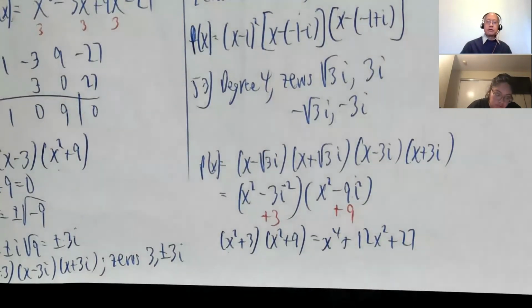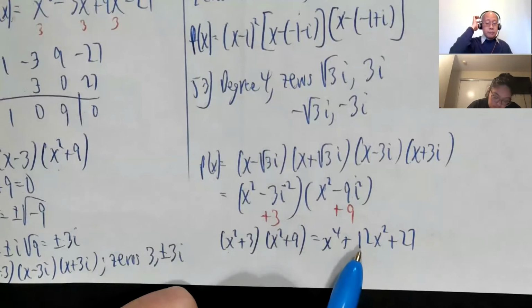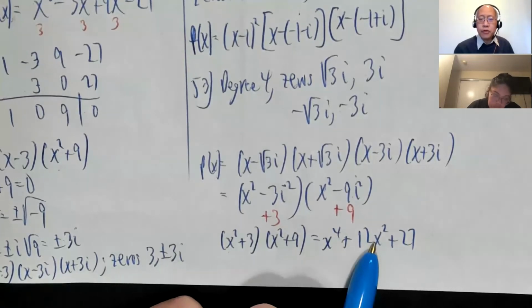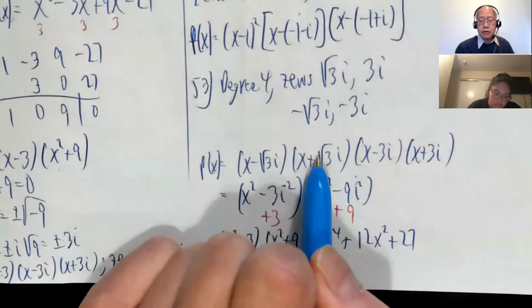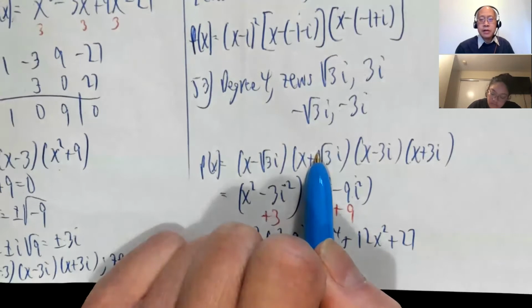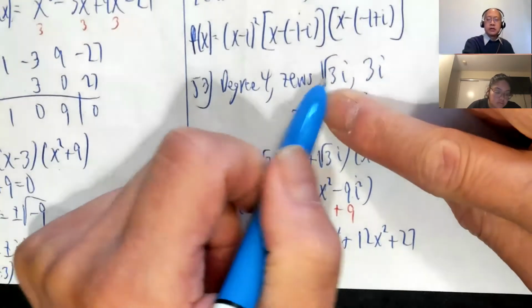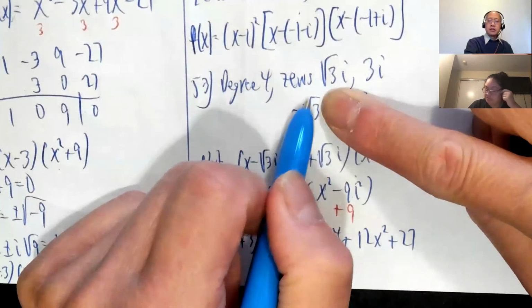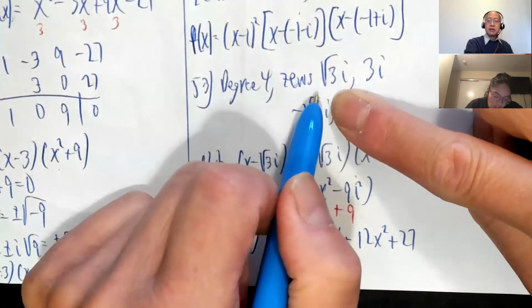So you see, we're kind of going backwards, right? Before, the problems were: here's a 4th degree polynomial, find the 4 zeros and the 4 factors. So here they are. Now we're going backwards. If you have these solutions, what's the polynomial? And we're using the fact that these come in complex conjugates.